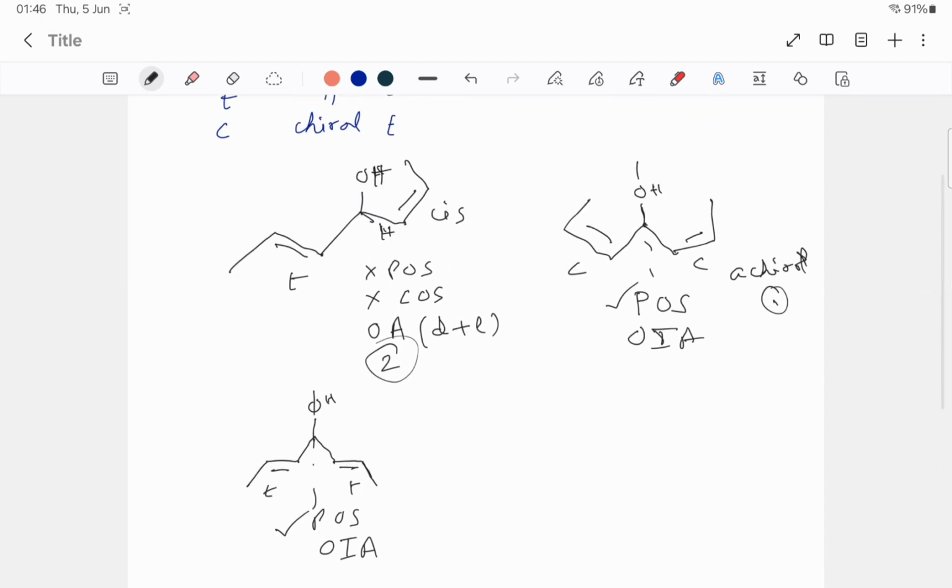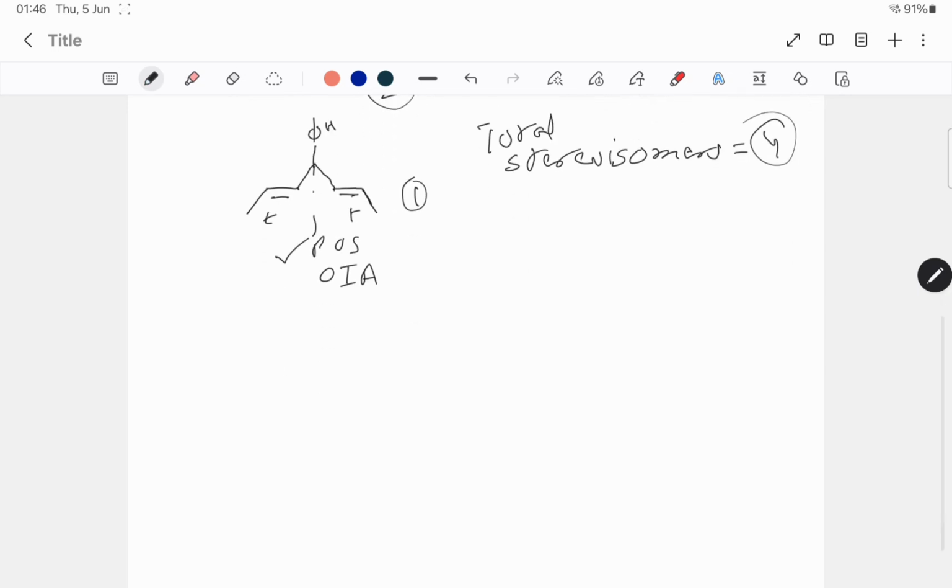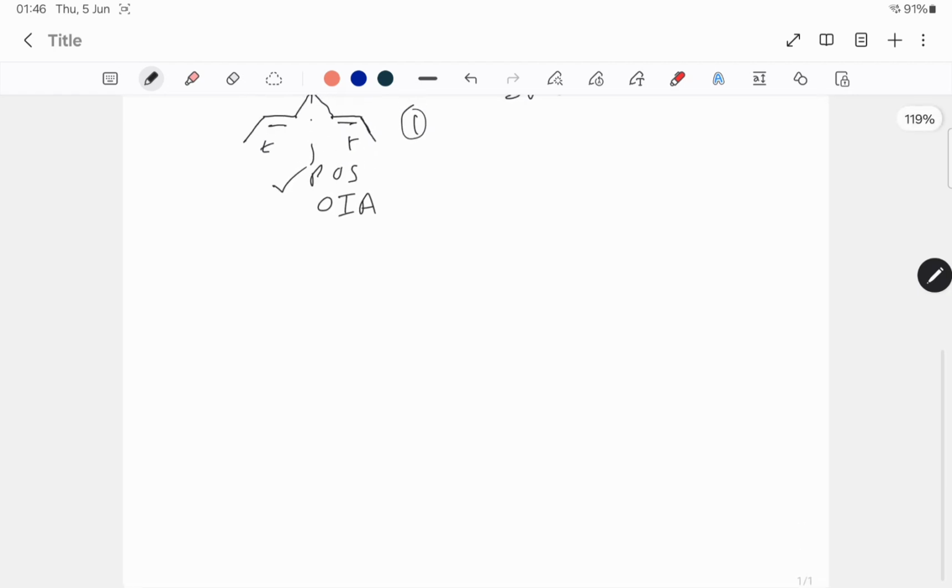They are cis and cis. And here it's again achiral, optically inactive. So one. So total stereoisomers is 4.